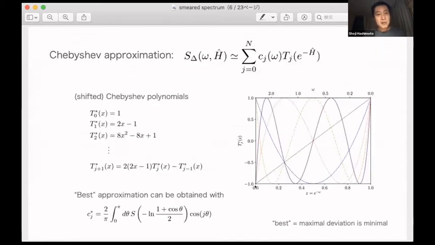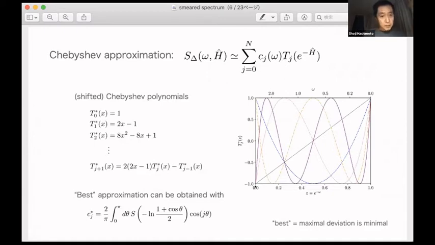That approximation can be established most conveniently using the Chebyshev approximation. Here, the smearing function S_delta is given in terms of Chebyshev polynomials with an argument of exponential minus H hat, the transfer matrix of one time step.